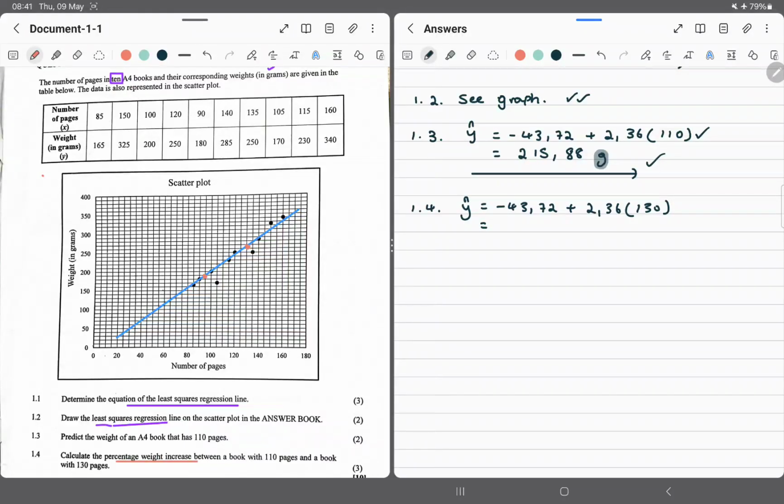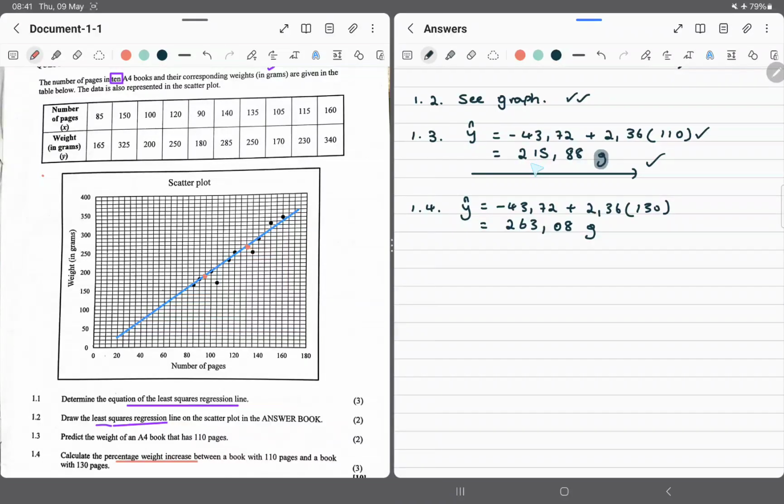So let's see. I don't know why I removed my equation. See now, giving myself a lot of work. Sometimes this thing of rushing is not right. So I'm getting 263,08 grams. Okay, that's an intermediate step.